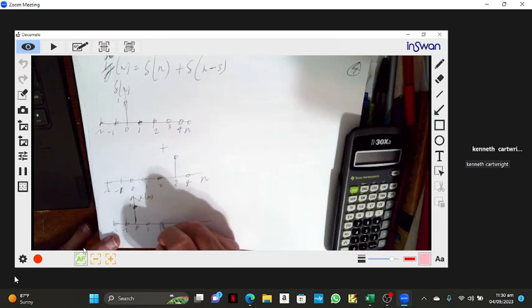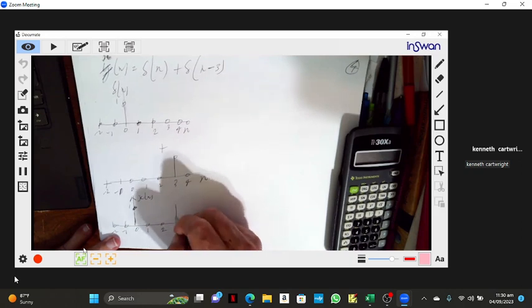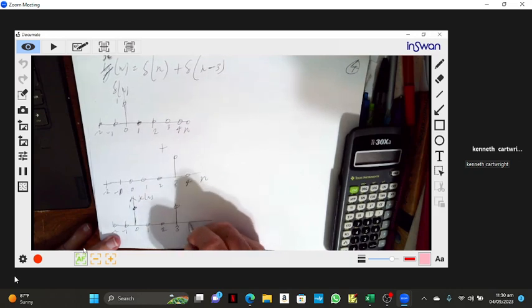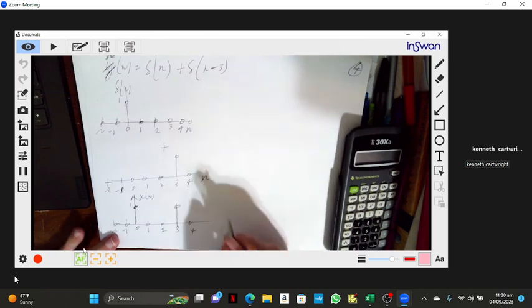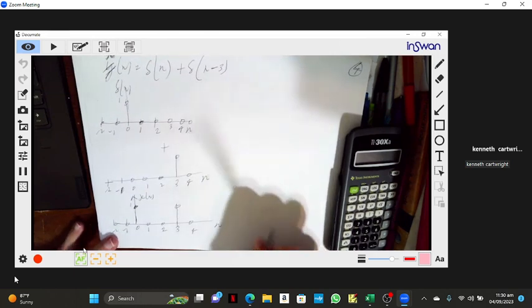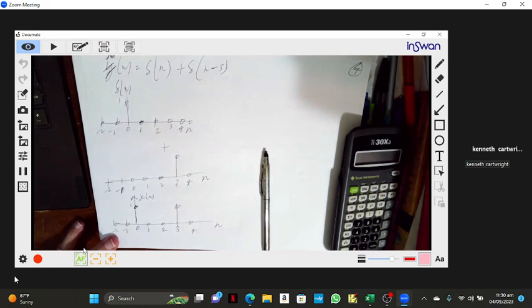Then we have 0. And then we have 1 again, because we have 1 plus 0. Again, we did all this in 320, except that we were talking about delta of t and delta of t minus 3.